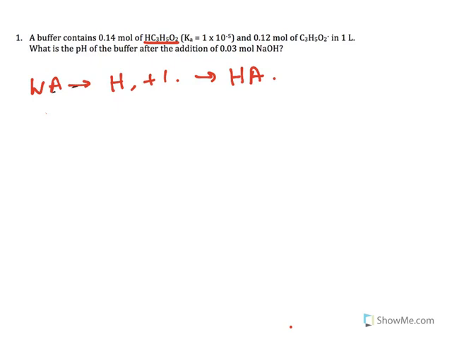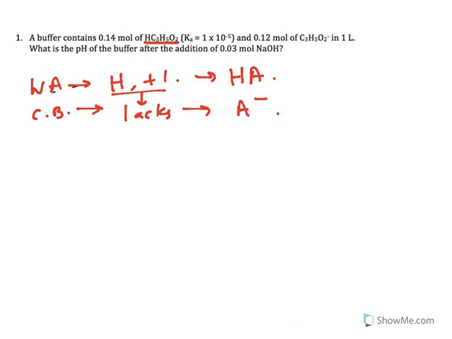The conjugate base, on the other hand, is always going to be the one that lacks an H and a positive charge, and it's going to be A minus.